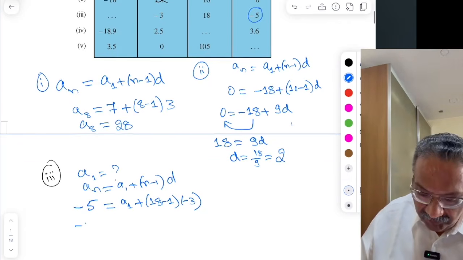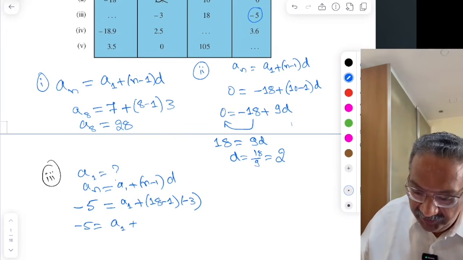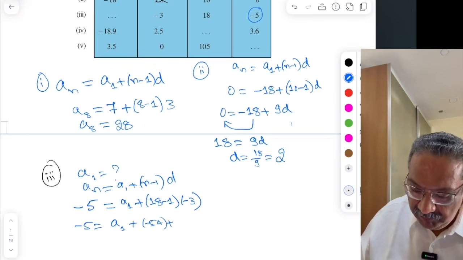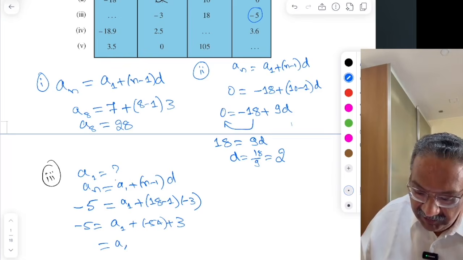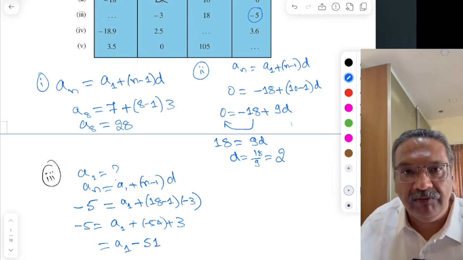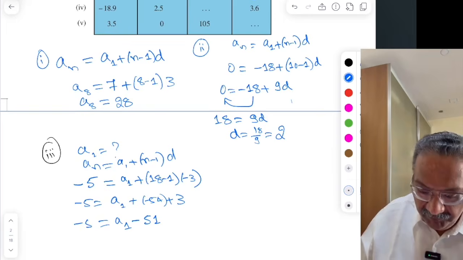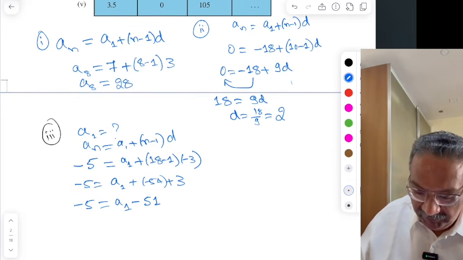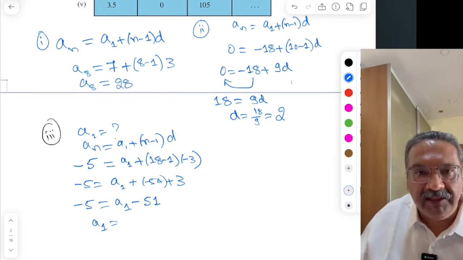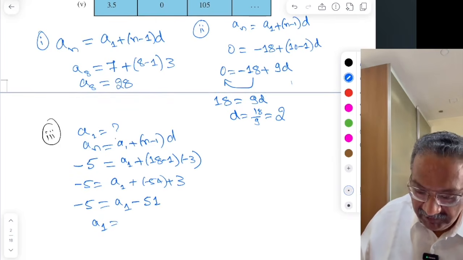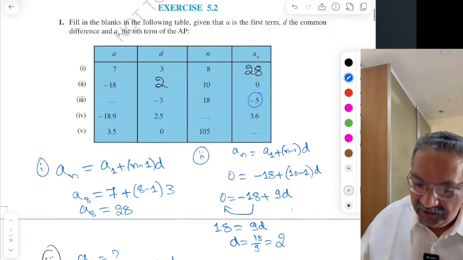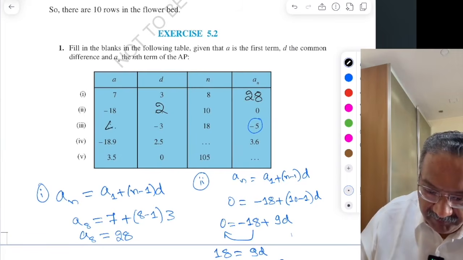Okay, so if we expand it, it becomes minus 5 is equal to A1 plus minus 3 into 18, which is minus 54, and minus of minus becomes plus, so plus 3. So this becomes A1 minus 51. Minus 54 plus 3 is minus 51. So minus 5 is equal to A1 minus 51. Now A1 becomes, if minus 51 goes to the LHS, it becomes plus. So 51 minus 5 is equal to 46. So here the answer is 46.